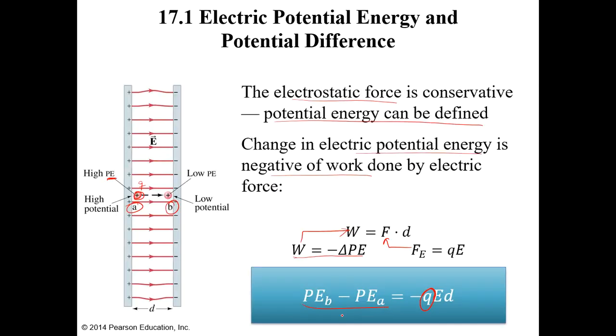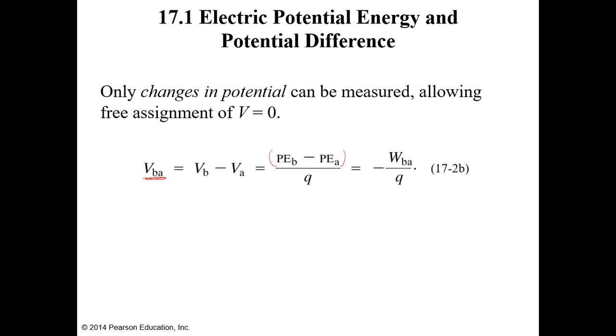This is my work divided by my charge Q. So work divided by charge Q would equal negative ED. And so we've got ourselves another equation for voltage, and that would be that voltage is negative electric field times distance.